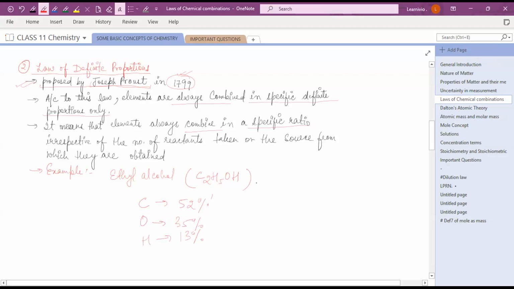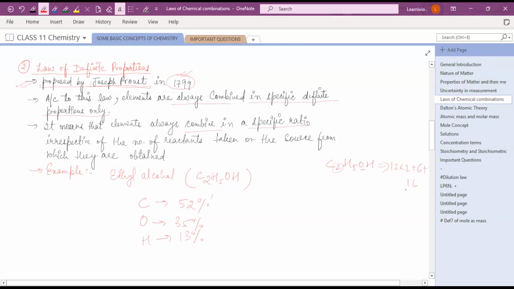Now see how. So you can see that in C2H5OH, first calculate the molar mass. What is the molar mass? 12 into 2 plus 6 plus 16. Why 12? 12 for carbon and 2 atoms of carbon. And 6 hydrogens, 5 plus 1, 6 hydrogens are there, into 1. Plus, how many oxygens?